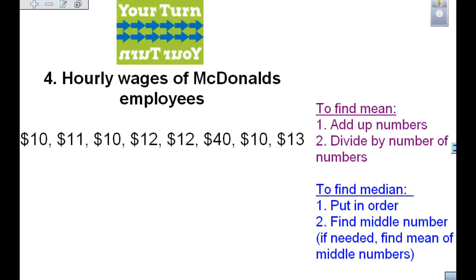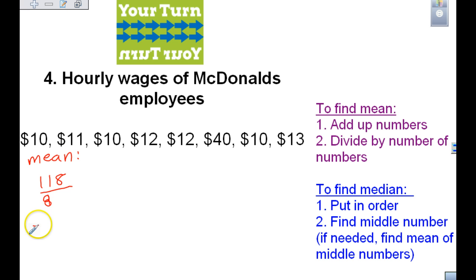Let's do number 4. You guys give this a go. Okay, so the mean. What does the top add up to? 118. There are 28 numbers.